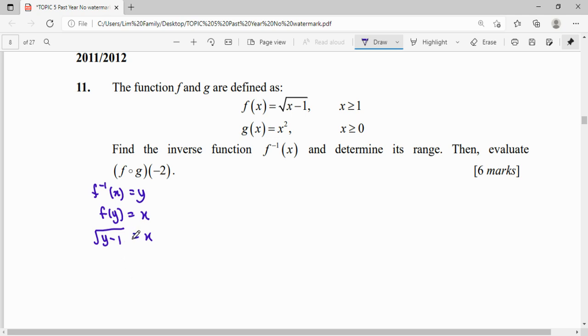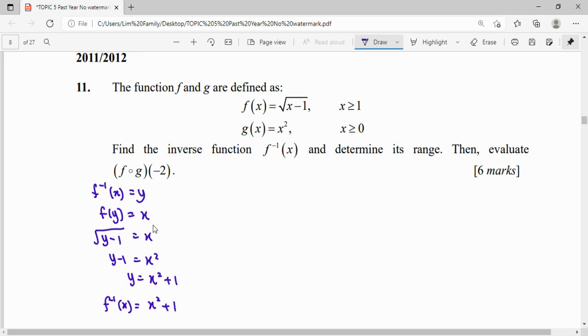As long as we can find y, that will be our f inverse. So we move the square root, which means on the other side we square. And move the 1, it becomes plus 1. Therefore, f inverse of x equals x squared plus 1.